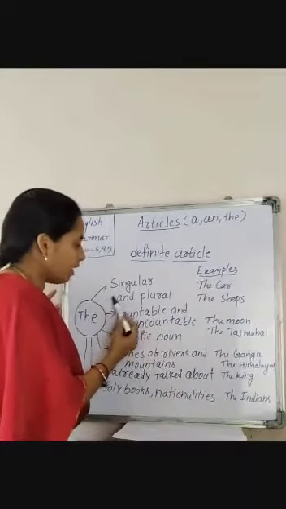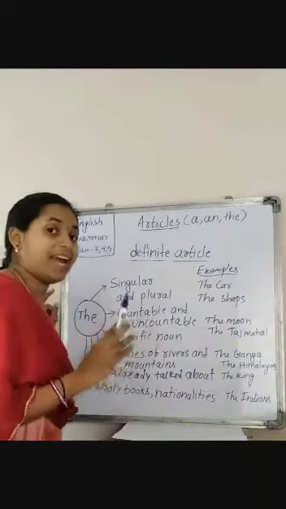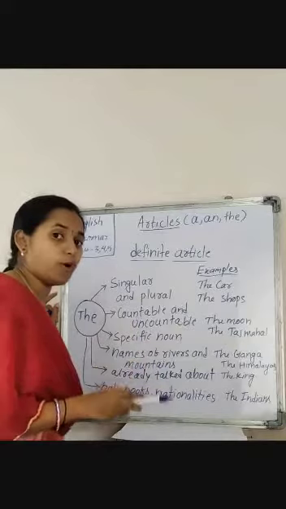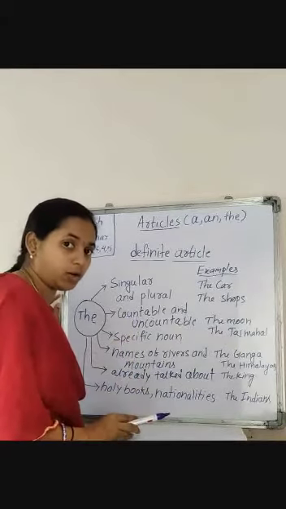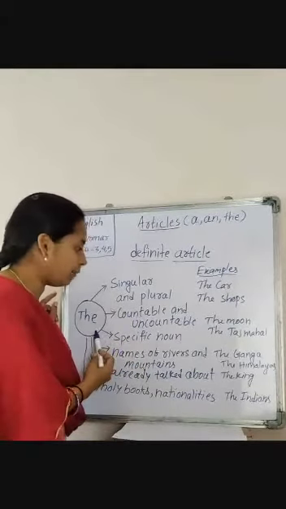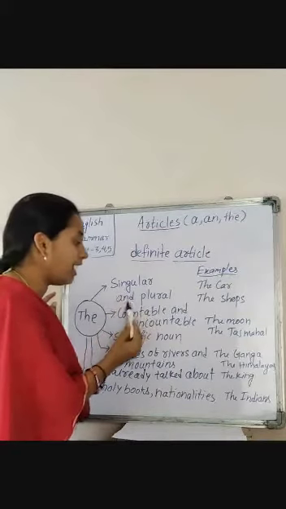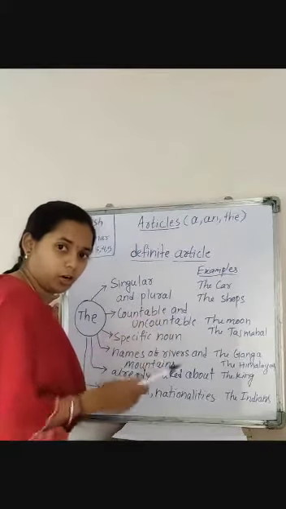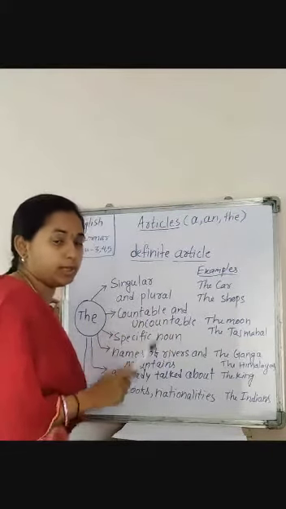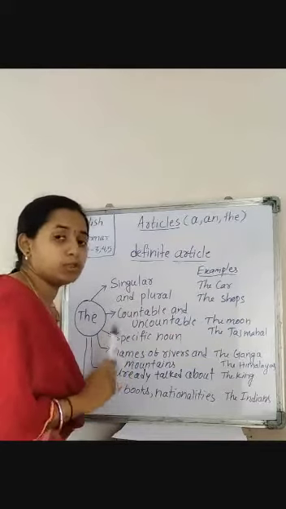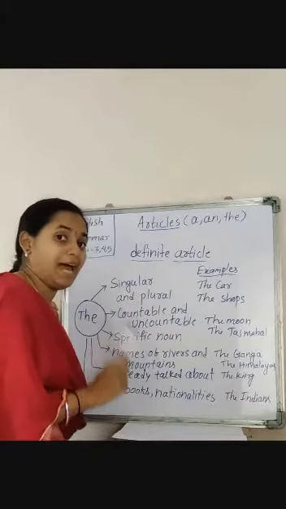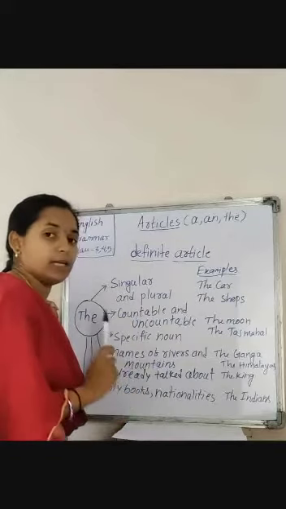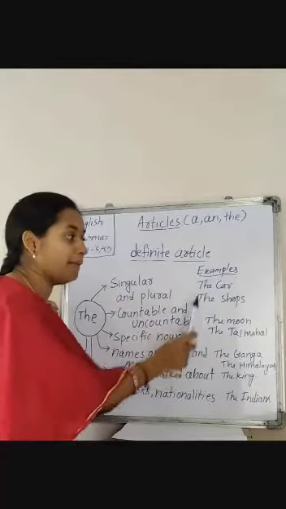A and an can be used only for singular nouns. But 'the' can be used for both singular and plural. Kids, the definite article 'the' can be used for both singular and plural. What is the example? The car.